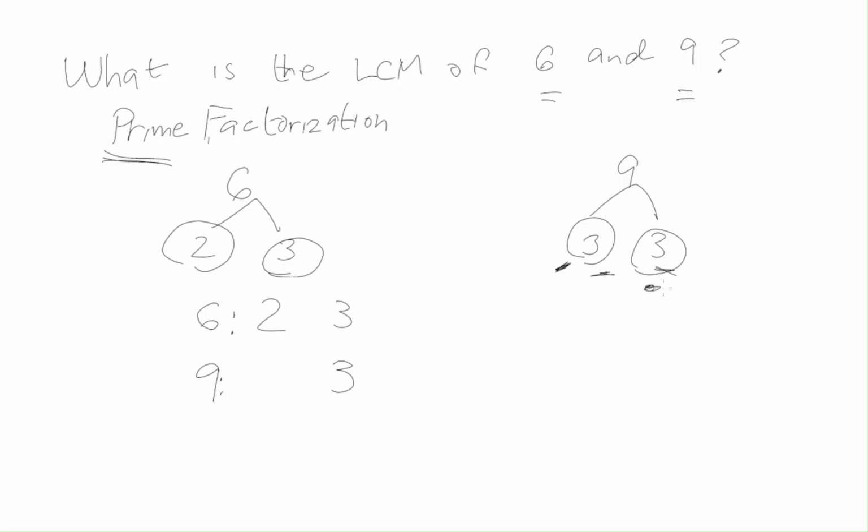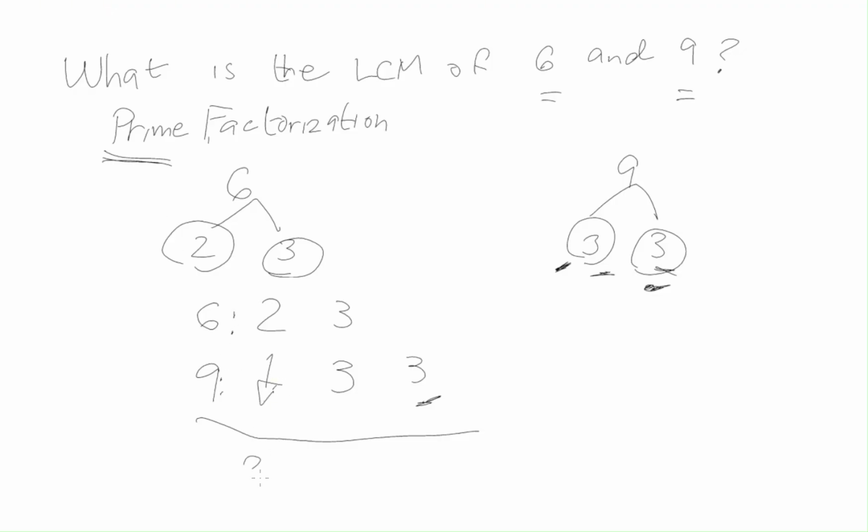And our second 3, we're going to put over here. We're not going to put it over here because it's not 2, and we already filled out the spot for this one. So we're going to make another vertical one, and we're going to put the second 3 here. The second thing that you have to do is draw a line, and you're going to bring down these numbers underneath this line.